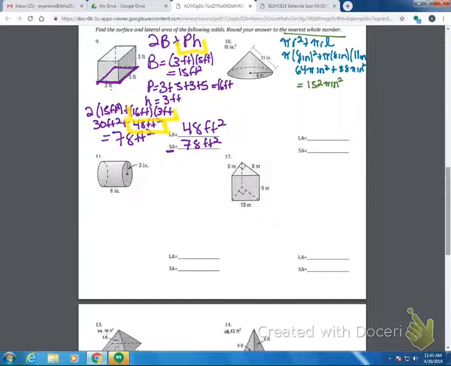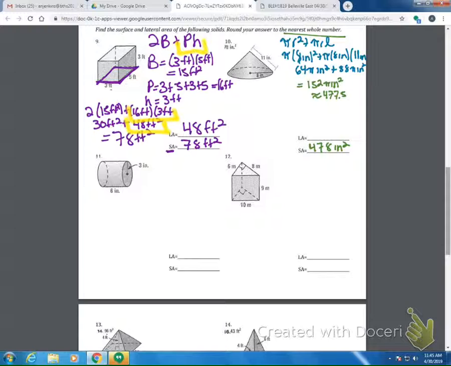So we're going to now put that in as 152 times pi. Bree, if you want to put that in your calculator, hon. 152 times pi. What is that? 477.5. Yes. So we'll round that up to 478 inches squared.